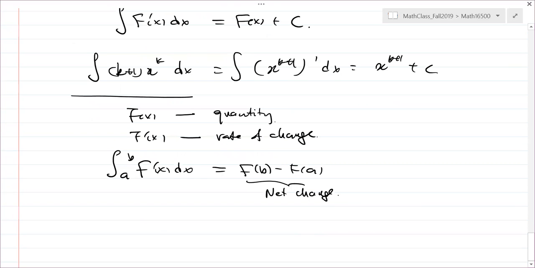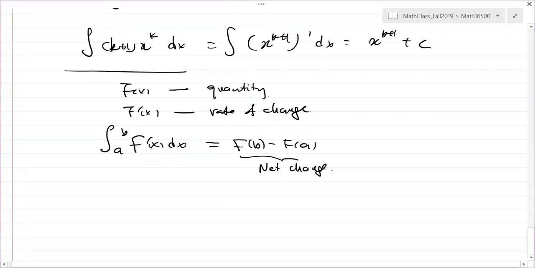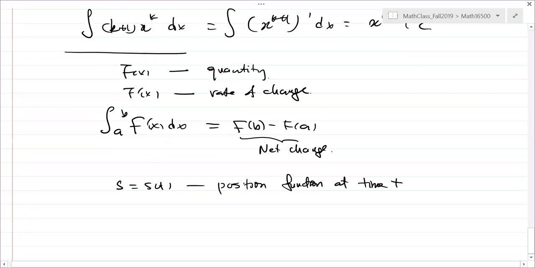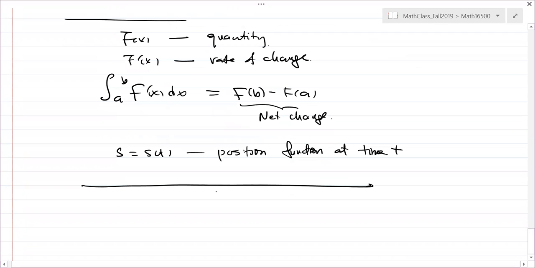Similarly, if s is the position function at time t, so you have a moving object. Here's 0, here's 1, here's 2, and somewhere here is s of t at time t.